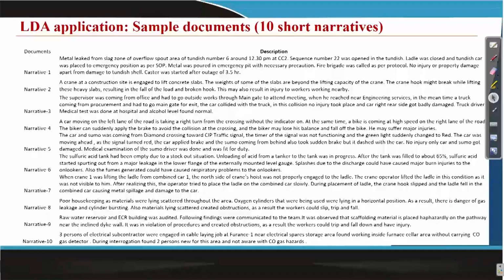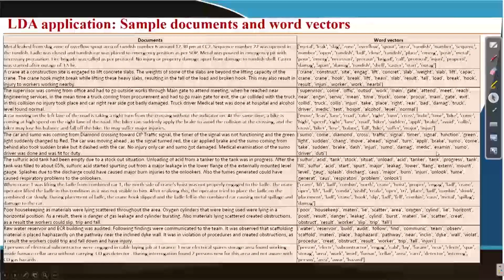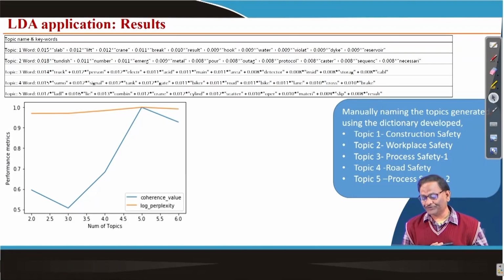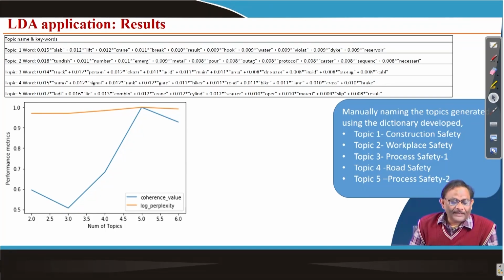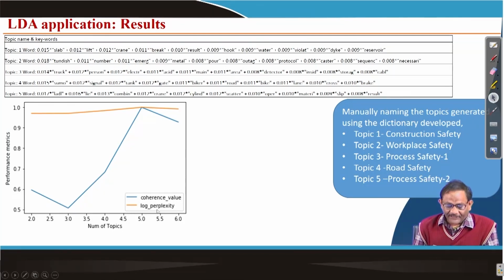The same 10 narratives we have considered here, and you see that the word vectors for each of the narratives are found out, and then we have used the topic modeling algorithm and the Python code we have used, and then we found out that although there are 10 documents, as well as many words in each document, there are 5 topics which can be meaningfully extracted.